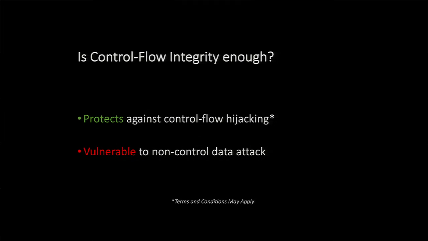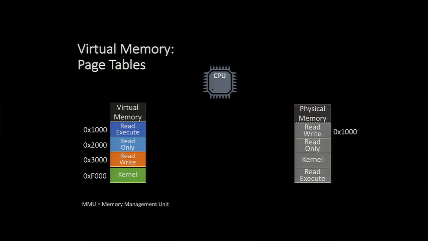So let's have a look at how these data-only attacks work in the context of kernels. In order to do that, I have to refresh your memory a little bit on how virtual memory works, and in particular, what the role of page tables is. On the right-hand side, you can see the physical memory, and on the left-hand side, we have the virtual memory, which is some form of abstraction on which software operates.